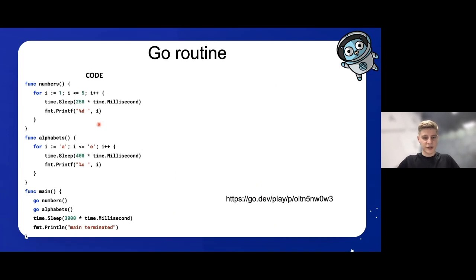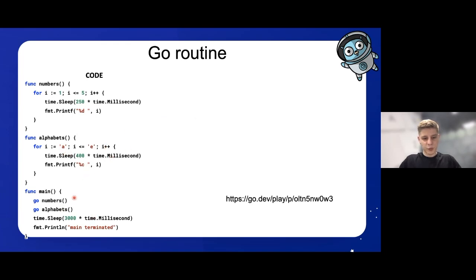For instance, here is a simple example of how it will work. We have two functions. The first one, numbers, executes numbers from 1 to 5 in a loop. We have the time package here as well, which sleeps for 250 milliseconds and then prints the digit. Same with alphabet.